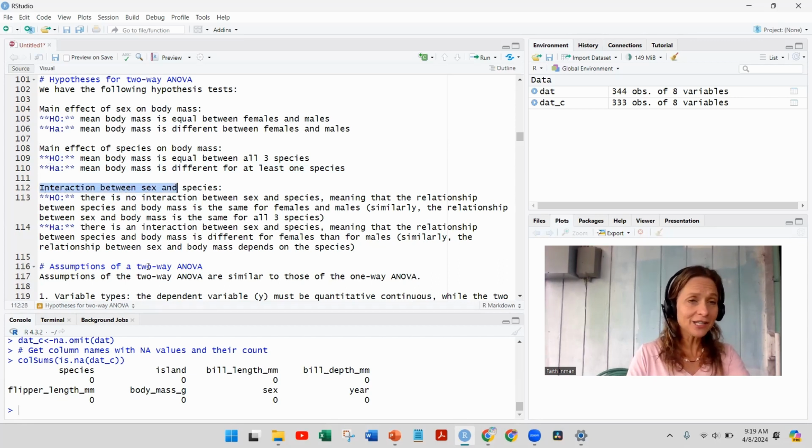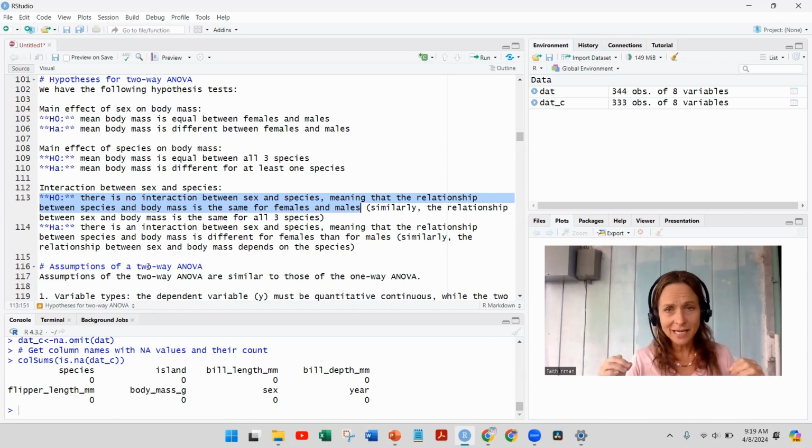And the interaction between sex and species, this is the third hypothesis we have to state clearly, that we're testing the null hypothesis that there is no interaction between sex and species, meaning that the relationship between species and body mass is the same for females and males.